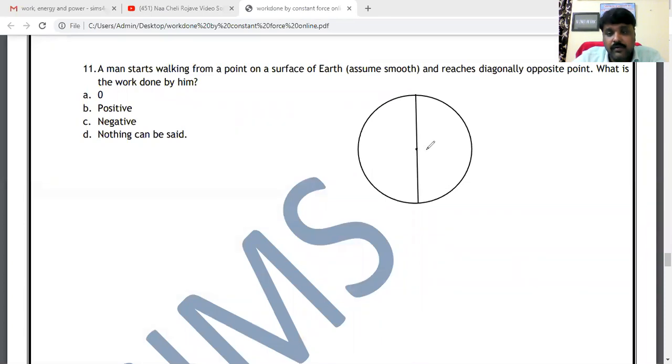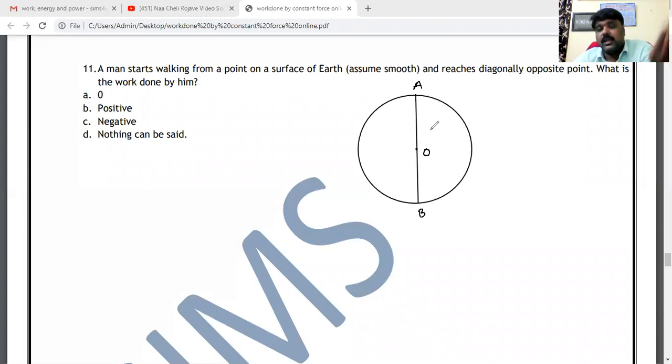This is the center of our earth. Let us say man has started from the point A and reached the point B. Now, whenever he is moving, he is under the influence of the gravitational force. As we know, the gravitational force is a conservative force.